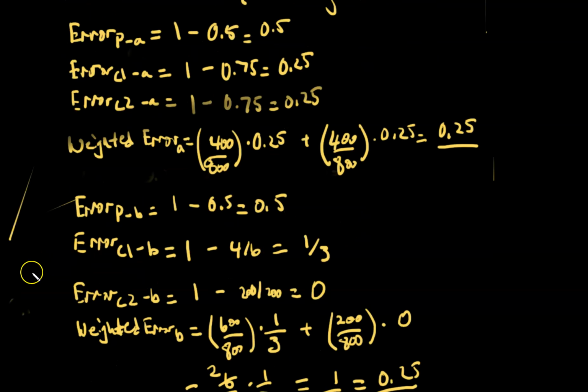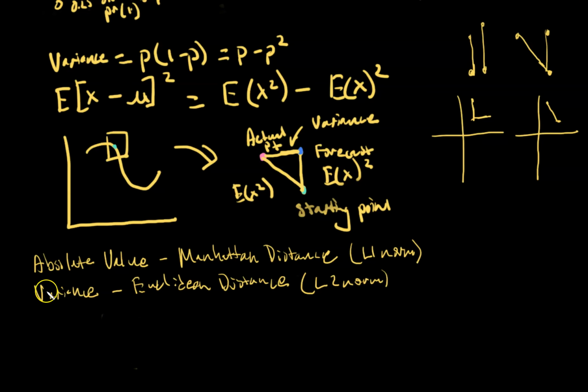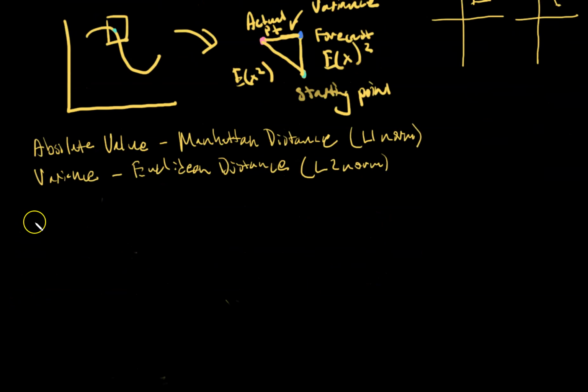So we have the error rate, and actually, let's graph the error rate and see how it looks. If we graph the variance, the error, and let's say this is the probability of class 1.